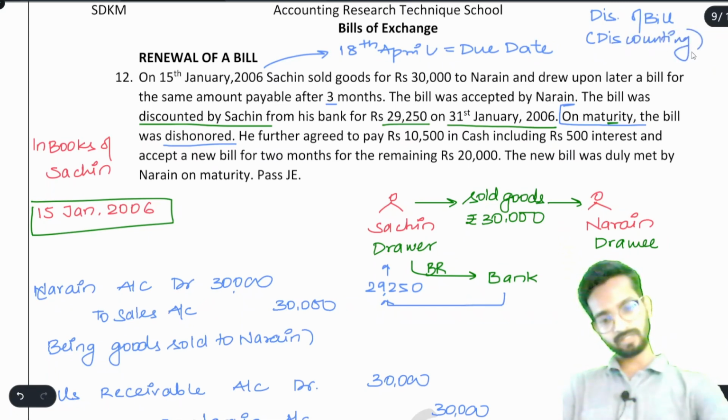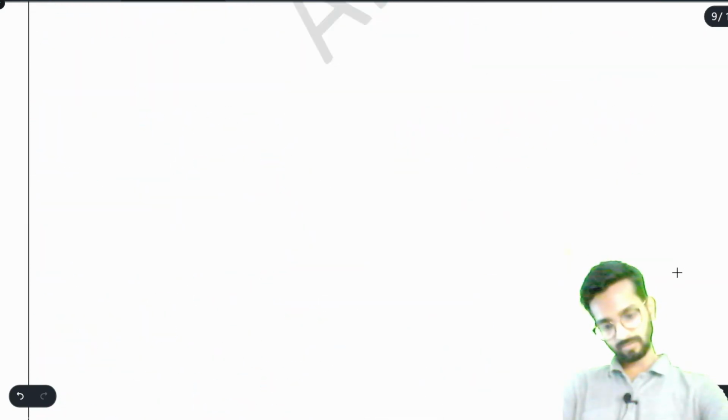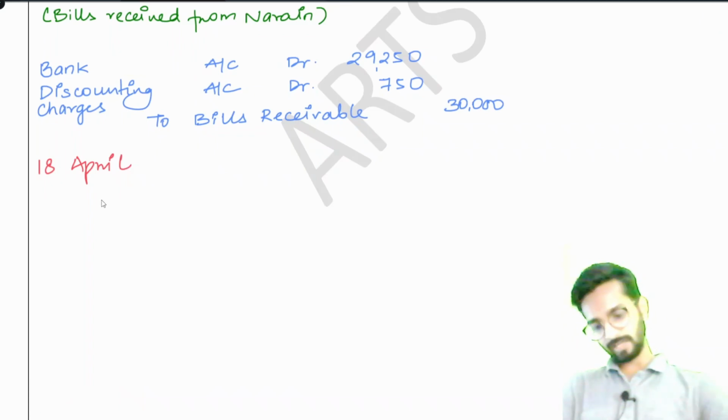Okay, when a bill is discounted and dishonored, what will be the journal entry? On 18th April the bill is dishonored. So I will write here, I have to receive money from whom? Narayan.